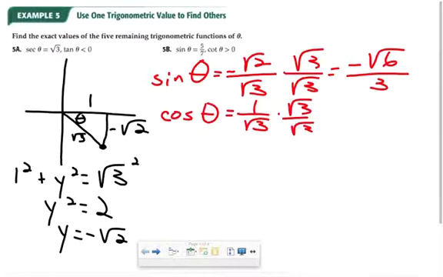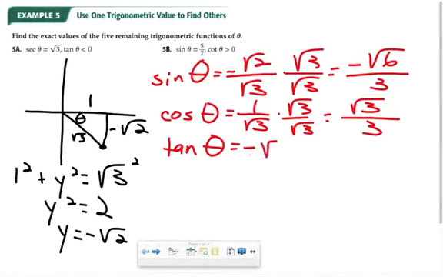Again, we rationalize the denominator and get radical 3 over 3. The tangent of theta is opposite over adjacent, so that's negative radical 2 over 1, so just negative radical 2.